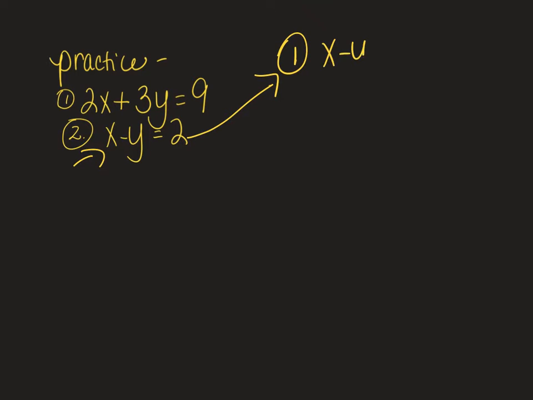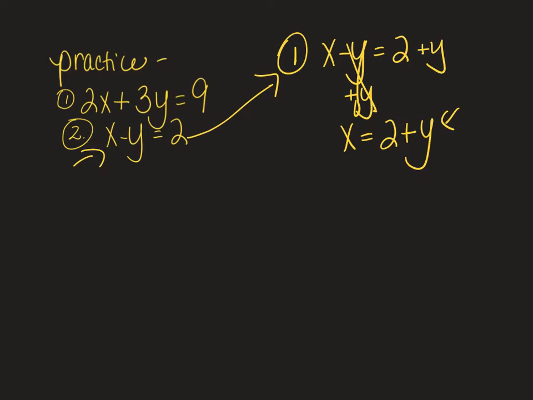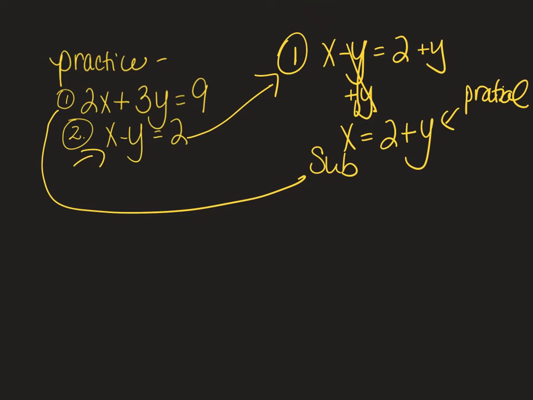X minus y equals 2. So I'm going to add y, this cancels, x equals 2 plus y. This is my partial answer equation for x. Now, I'm going to substitute this into equation 1, okay? Here's equation 1.